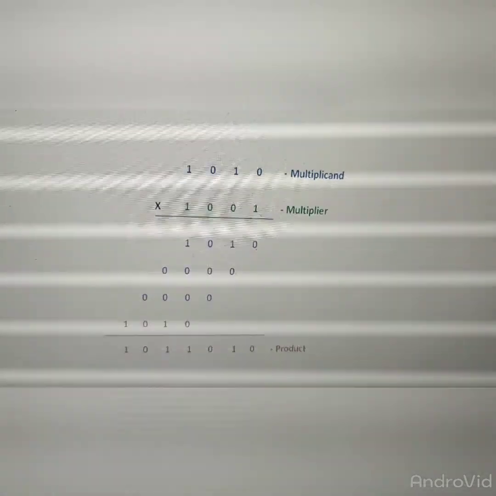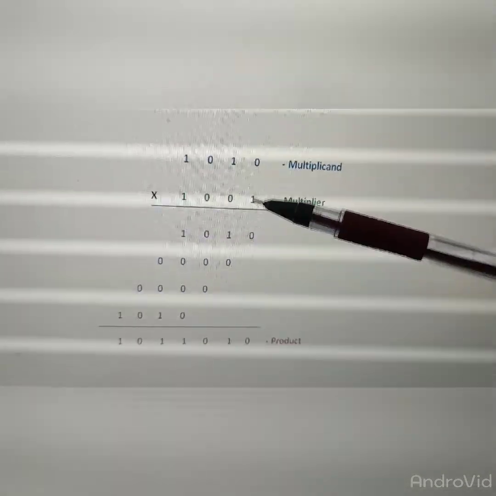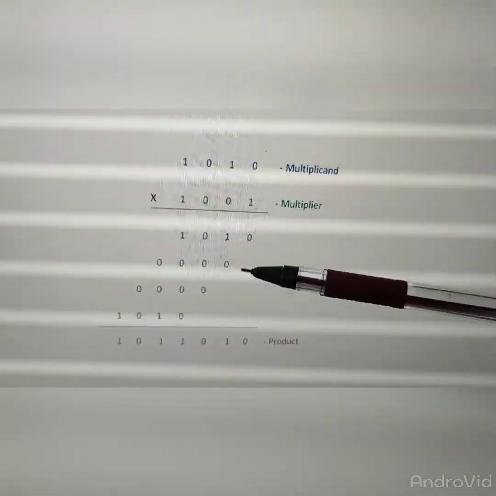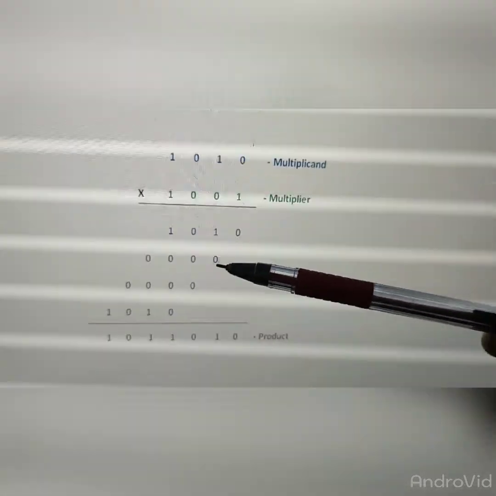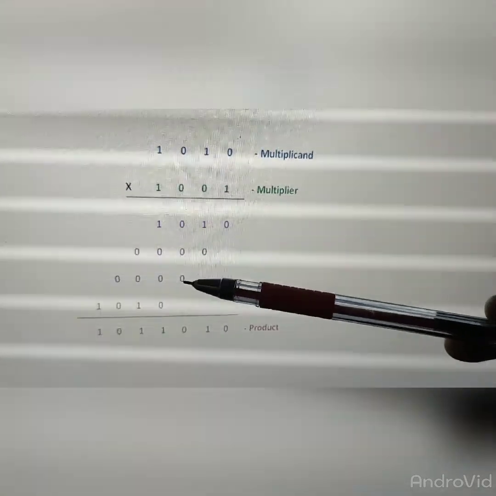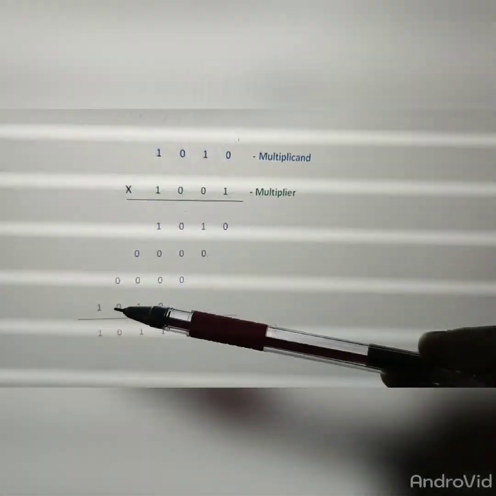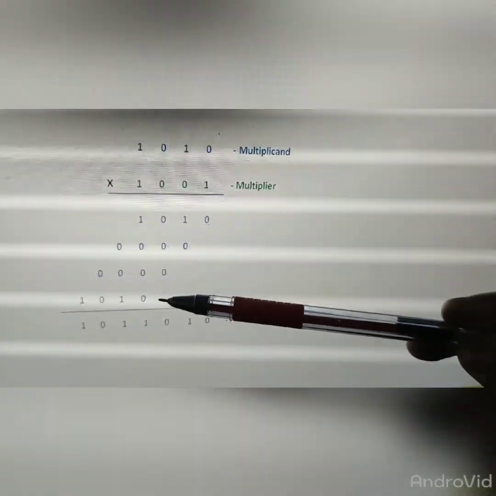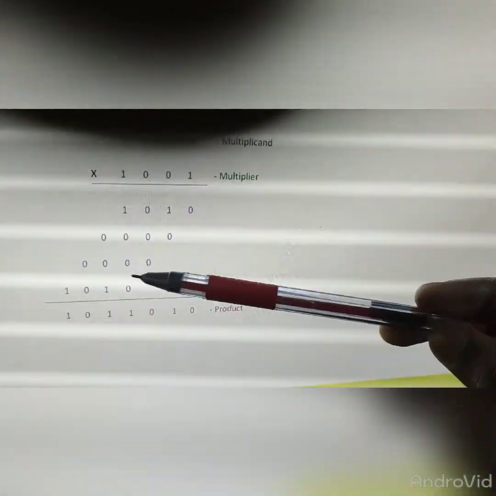During the multiplication, the first partial product will be placed at the same bit position. The second partial product will be shifted by 1 bit position to the left. The third partial product will be shifted by 2 bit positions to the left. And the fourth partial product will be shifted by 3 bit positions to the left.